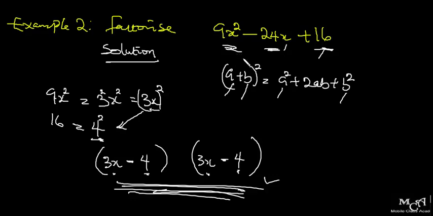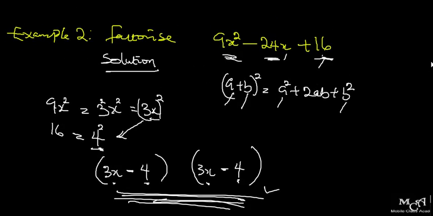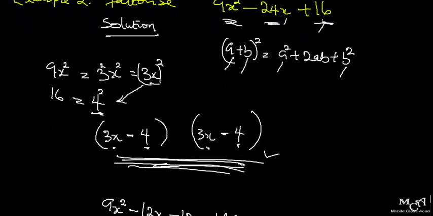When we do our A times C, we have our AC, then we look for our B, and we work it the way we've been working our factorization when the value of A is greater than 1. But to save time, we can go this route. This route is easier and straight to the point and can be used in the exam situation.